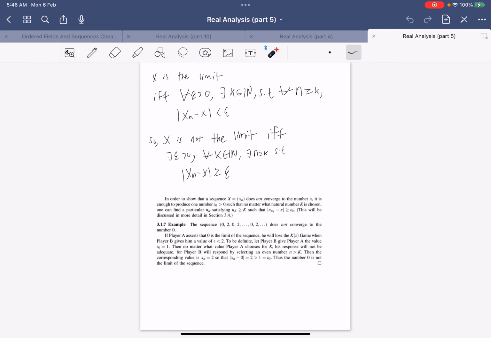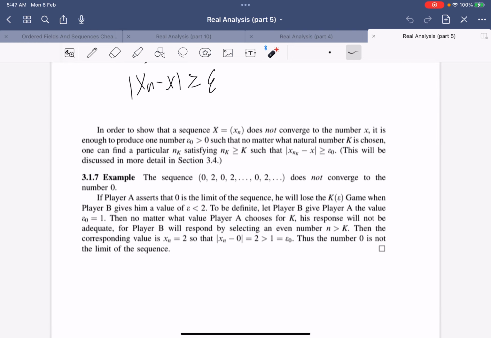So we know that x is the limit if and only if for all epsilon there exists a cutoff such that for anything beyond it, xn minus x is less than epsilon. So if you want to prove that x is not a limit, you need to produce an epsilon such that for all the k's, all the natural numbers, there will exist some n bigger than your k such that xn minus x is larger than or equal to epsilon. For example, the one below, we have a sequence of 0, 2, 0, 2 all the way.